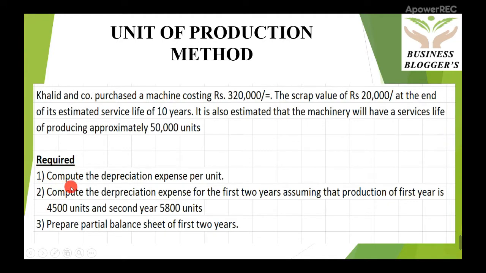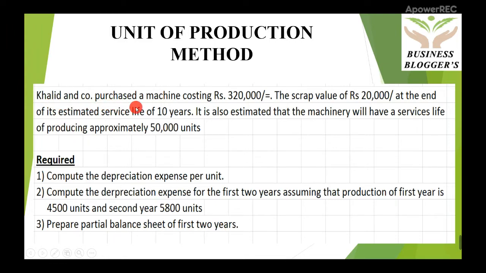Our first requirement is to compute the depreciation expense per unit, and the second requirement is to compute the depreciation expense for the first 2 years, assuming that production in the first year is 4,500 units and in the second year 5,800 units. The third requirement tells us to prepare the partial balance sheet for the first 2 years.